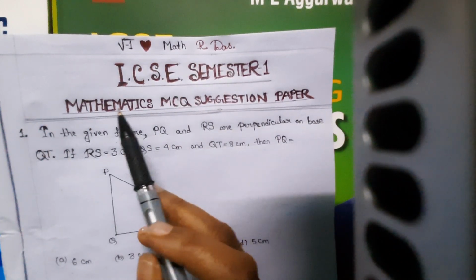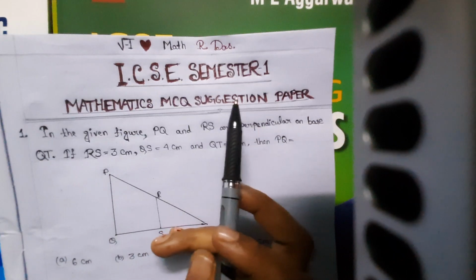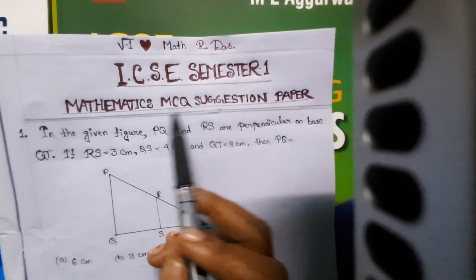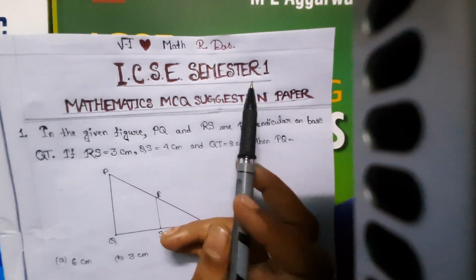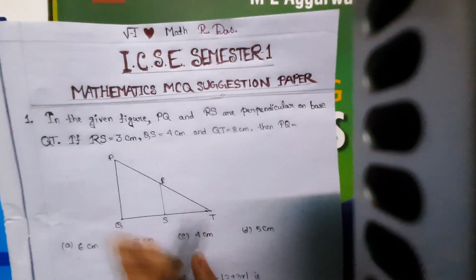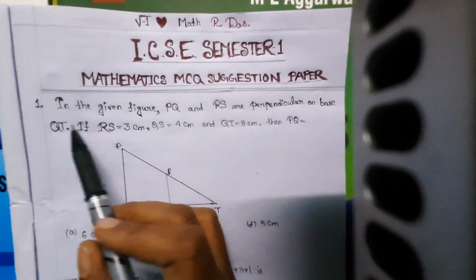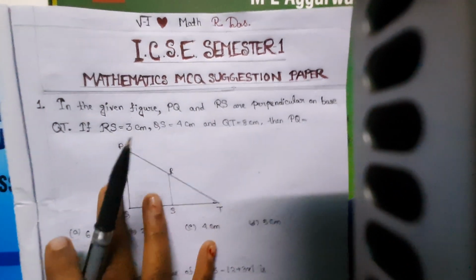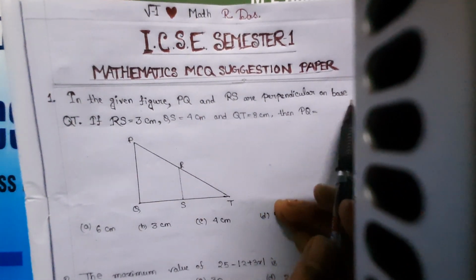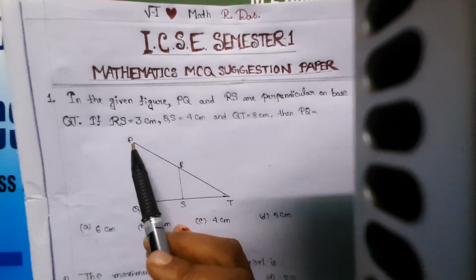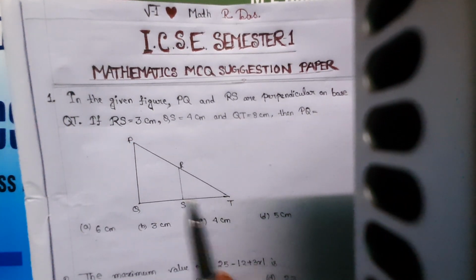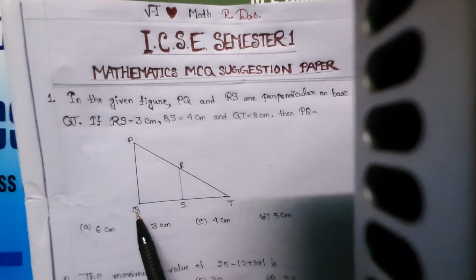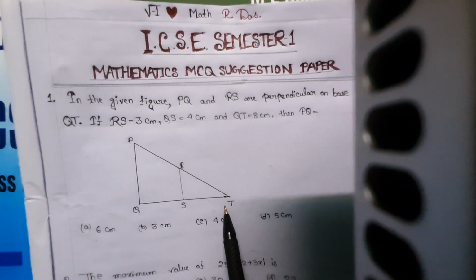This is a mathematics MCQ suggestion paper. You can consider it as your semester 1 suggestion paper. So let's start. This is your first question. In the given figure, PQ and RS are perpendicular to base QT. QT is the base, and PQ and RS are perpendicular to QT.